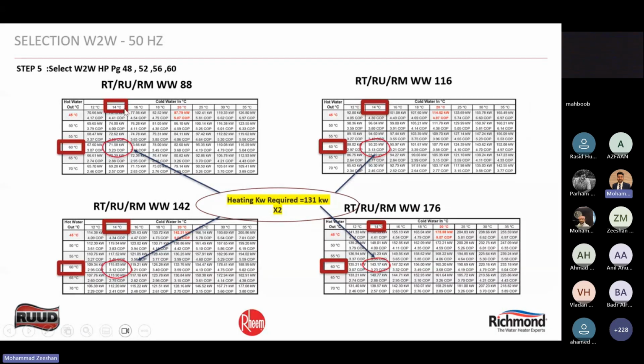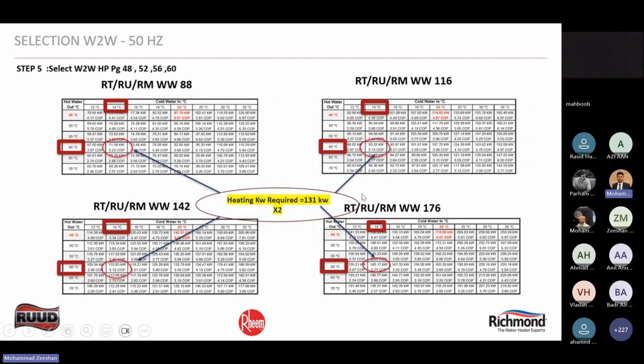For example, if you are desiring that your chilled water return is always at 14 degrees, and you want 60 degrees out of the tank as a desired temperature, then you will mark the corresponding capacities in the catalog and do the same as how you did for air to water. Whichever suffices the requirement, you select that.